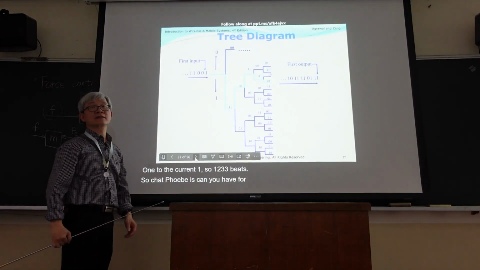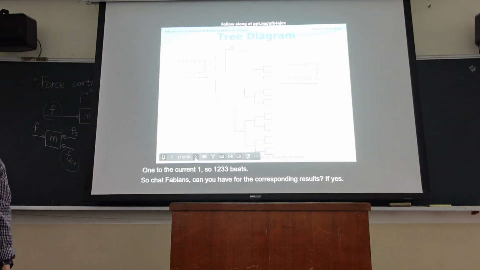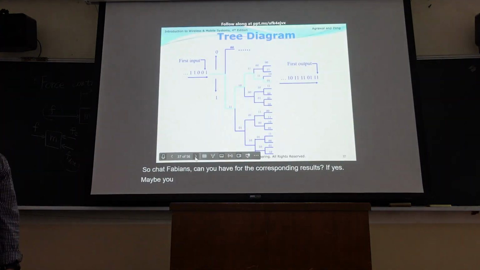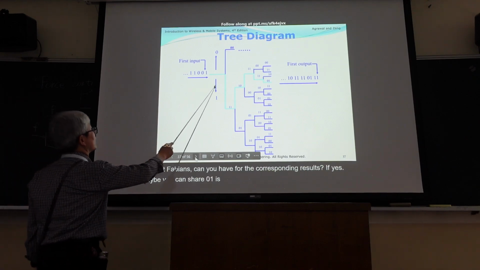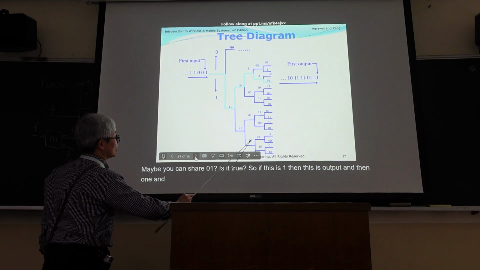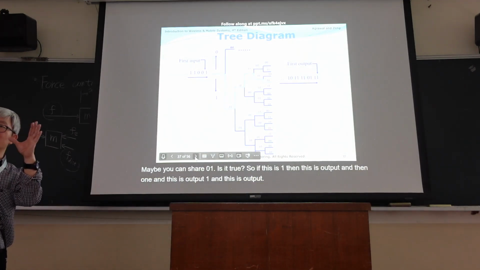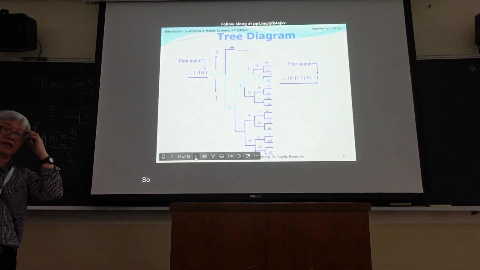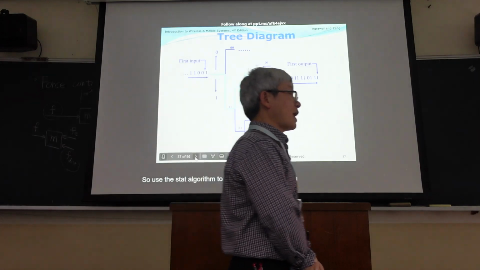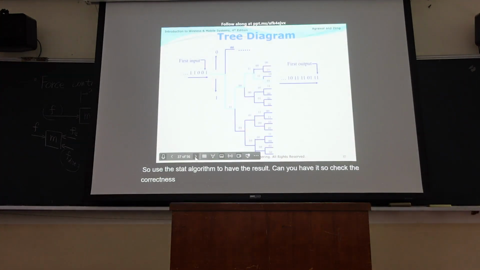If yes, maybe you can check O1, is it true? If this is 1, then this is the output, and then 1 and this is the output, 1 and this is the output. So use the state diagram to get the result. Can you have it? So check that the tree diagram is correct.